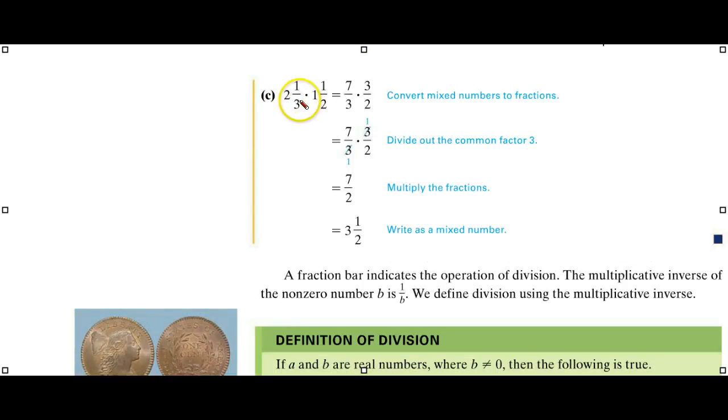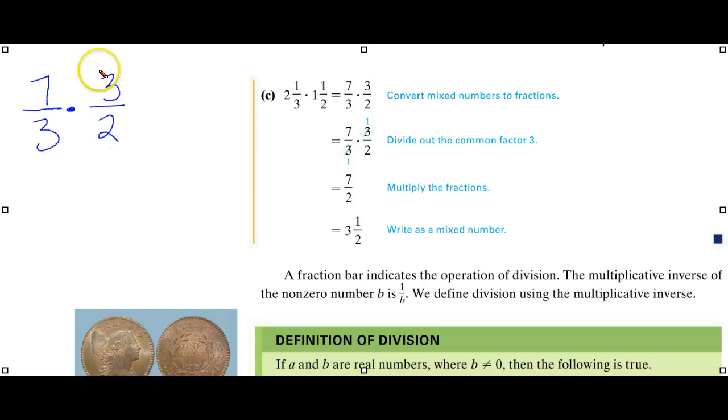Now in example C, we have mixed numbers. So what you would do first is convert them into improper fractions. 3 times 2 is 6, so that is 7 over 3. 2 times 1 is 2, this is 3 over 2.